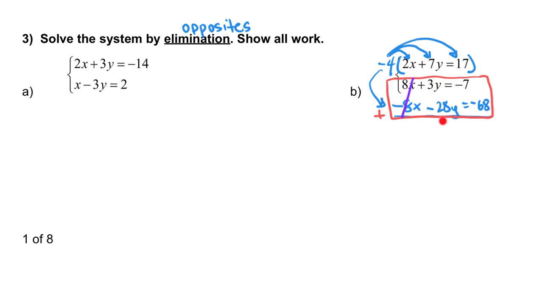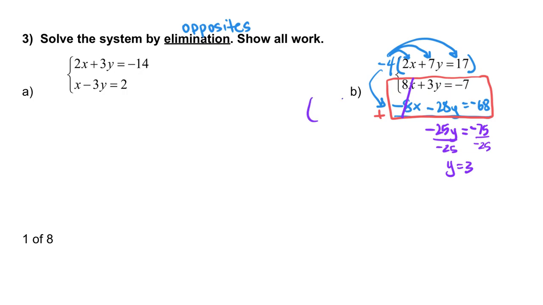Between my y values, that's going to give me -25y. And on the right side of my equal sign, -7 and -68 is -75. And so this little mini equation I can solve by dividing both sides by -25. And I'm left with y is equal to +3.